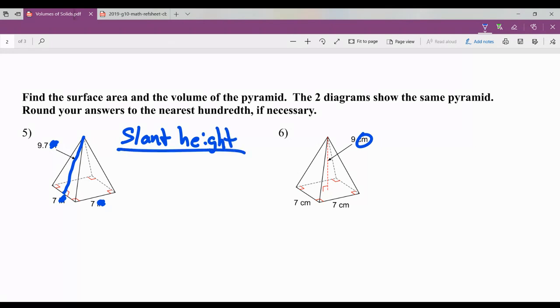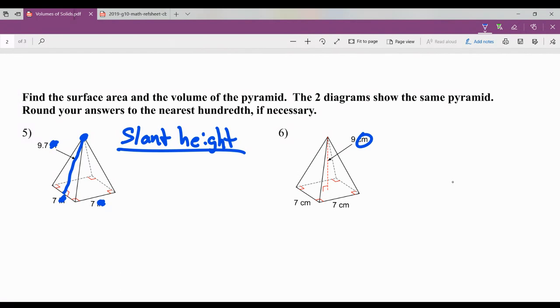This does not need to be something complicated. What it is, it's the height of each of the triangles that go from the base to the vertex of the pyramid. So picture taking one of those triangles and focusing on just that triangle.